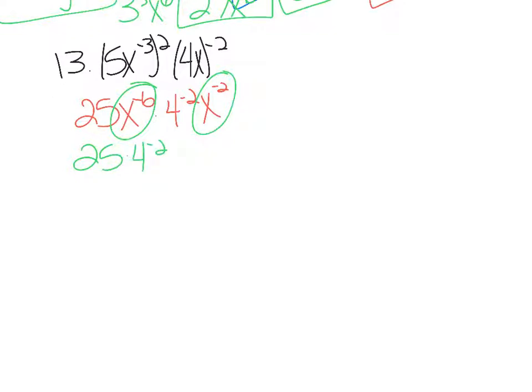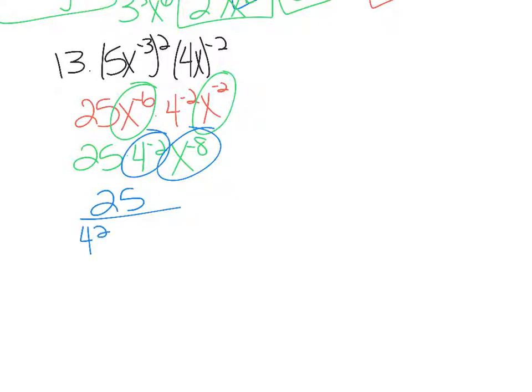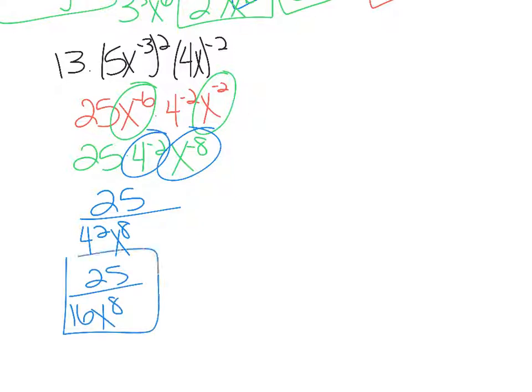When I multiply those together, this is where we add the exponents, and I get x to the negative 8th. And then the next thing I would probably do, both of those powers have negative exponents, so we'll leave the 25 in the numerator, the 4 goes to the denominator, the x goes to the denominator, and then the last thing, 4 squared is 16. So my final answer would be 25 over 16x to the 8th.